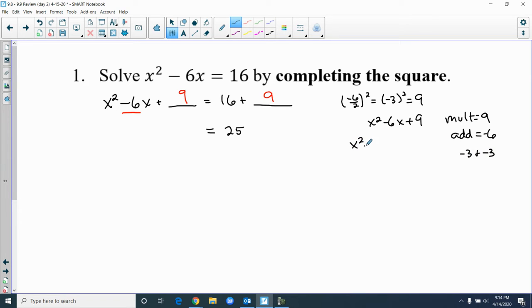Now, some of you will break it apart. And then I get x times x minus 3. Then you get a -3. Divide it, you get x minus 3. You get x minus 3 times x minus 3.